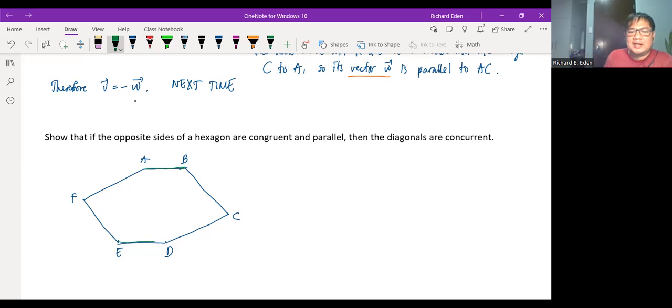And then the center, which is the intersection of their diagonals, let's call it point O. Then you can interpret that point O as a center of a half turn. Let AD and BE intersect at O.